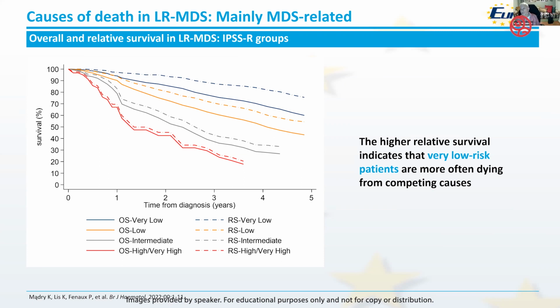I just want to add, Rena, that you're absolutely right. Sometimes it's extremely difficult to distinguish and say this is the cause of death. But you've got to realize, in addition to the objective difficulty, that this is real world data of a registry. So what we did basically, the attending physician at the time had to determine the cause of death.